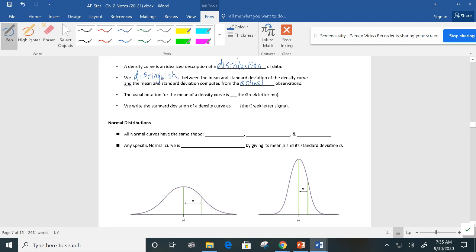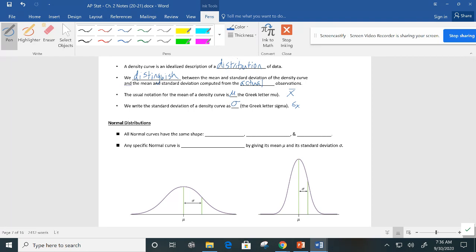So just some notation that we have to deal with. The usual notation for the mean of a density curve is mu, the Greek letter mu, which looks like a fancy M or U mixed together. And we write the standard deviation of a density curve as lowercase sigma, which looks like an O with a tail on top. That's different from x bar and Sx, which represent the mean and the standard deviation of our sample data.